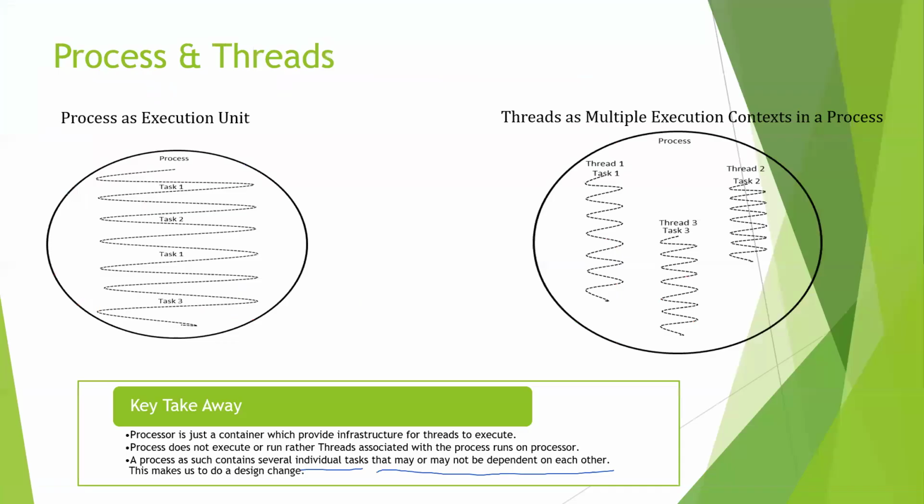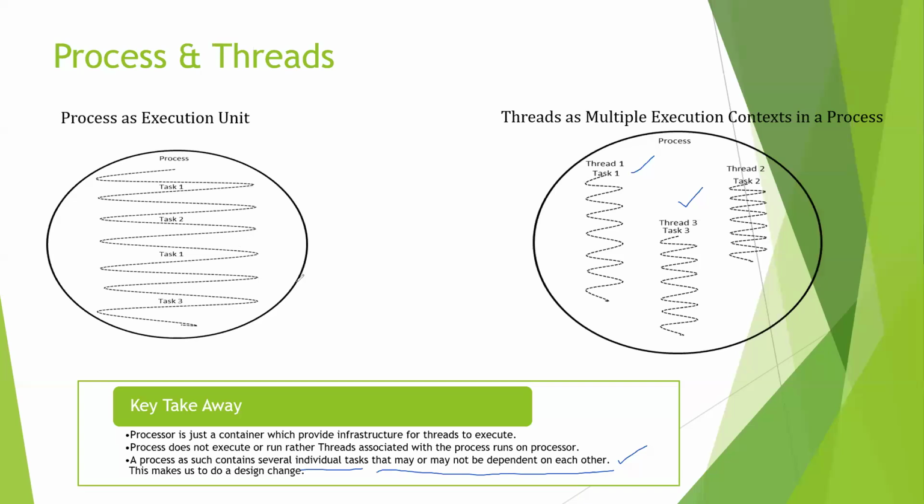So what I mean, whether the queries may or may not be depending on each other, this makes us do the design. These can be dependent or not dependent, right? Multiple tasks can be dependent or not dependent.